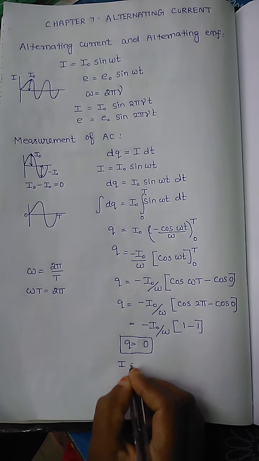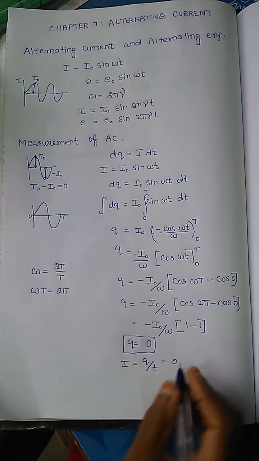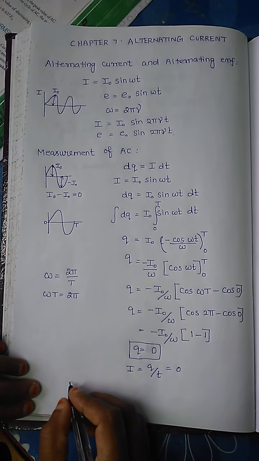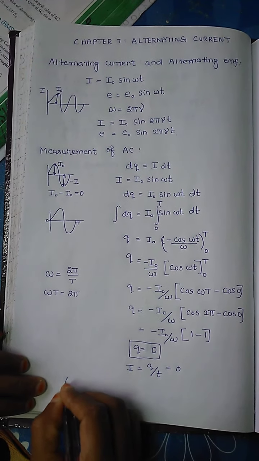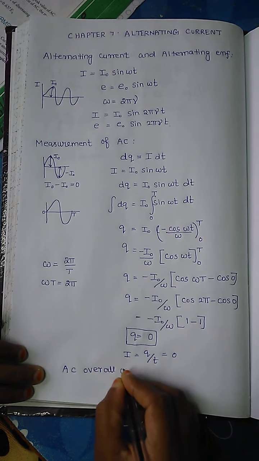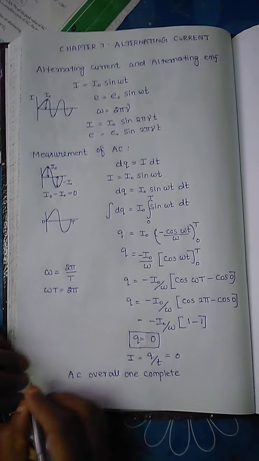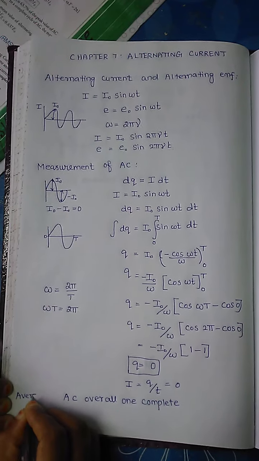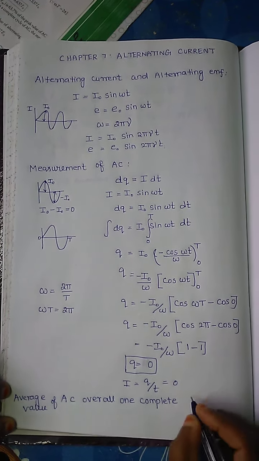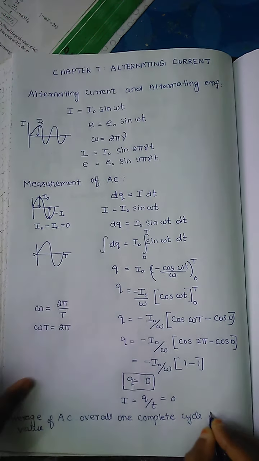Then I = q by T, and anything divided into 0 charge is 0. So from this expression we prove that the alternating current over a complete cycle is 0. That is, the average value of AC over a complete cycle is 0.